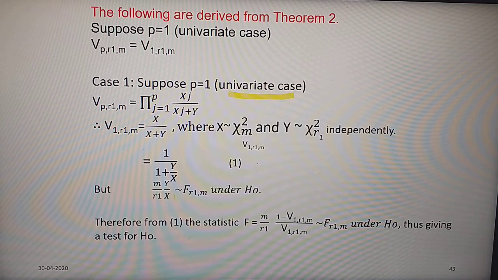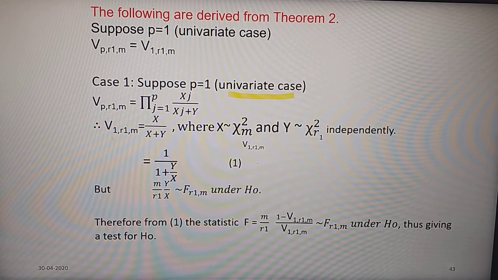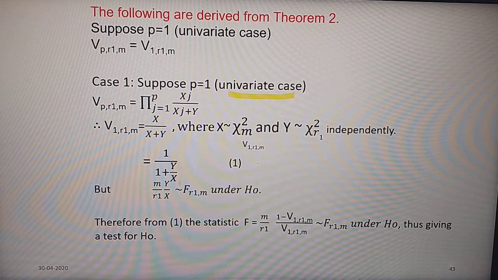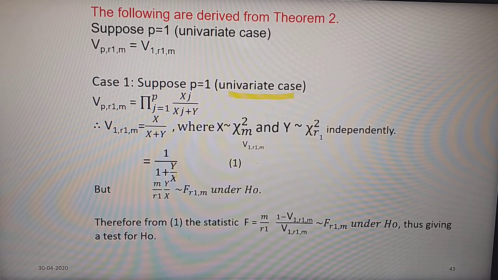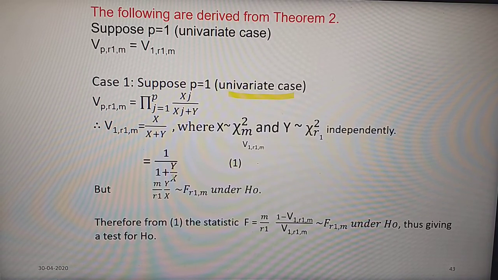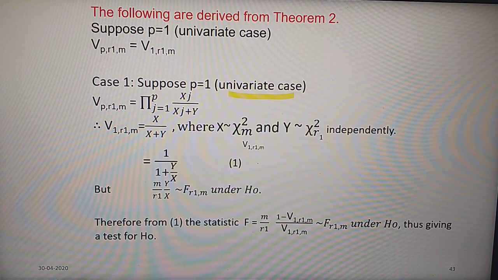So in order to understand how this F statistic comes, you simplify this: V1(r1, m) is equal to 1 by (1 plus y by x). So instead of y by x, with this coefficient m by r1, it follows F(r1, m). So instead of y by x, you put some quantity F which follows this F on r1, m degrees of freedom.